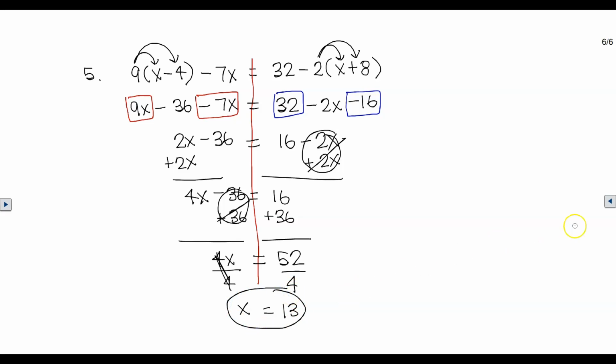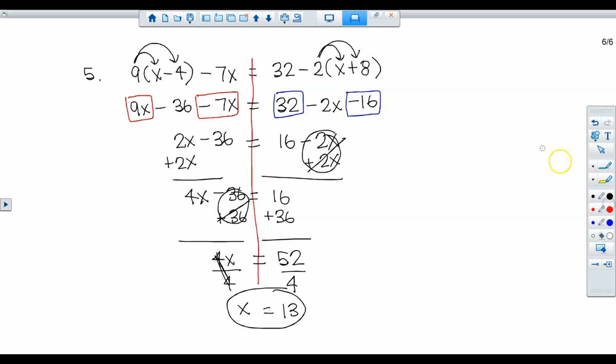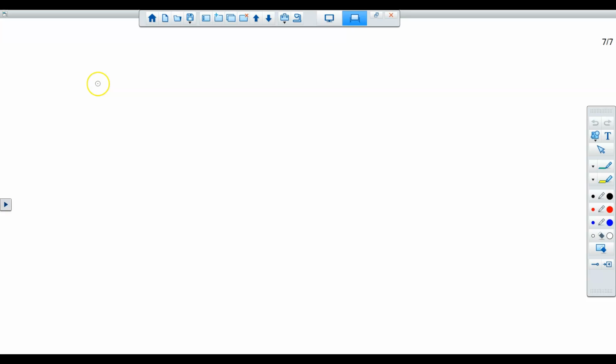Now, all 5 of these equations that you've done so far have been regular equations. You have the variable by itself equal to a number. I want you to remember, and these last 2 problems we're going to do are going to help us remember, that there are 2 special cases.